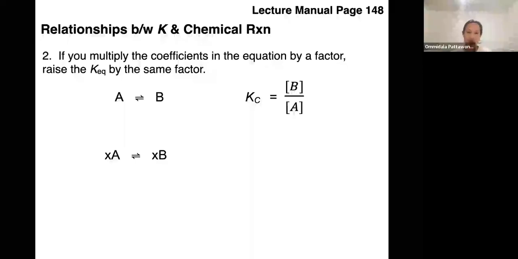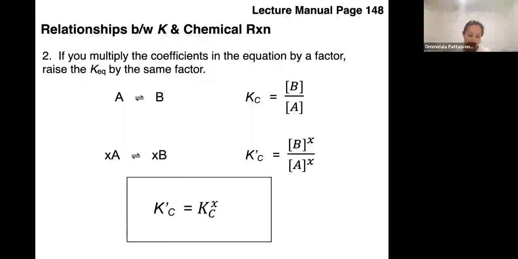So you are also going to include that factor in the new Kc. So if you multiply the coefficients in the equation by a certain factor, you raise the Keq by the same factor to get the new Kc.